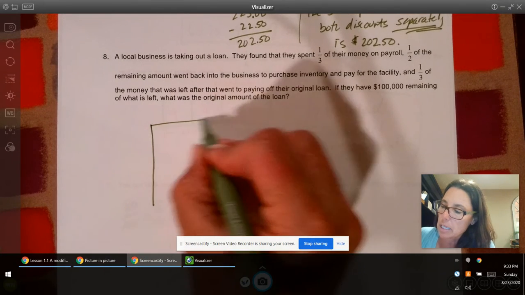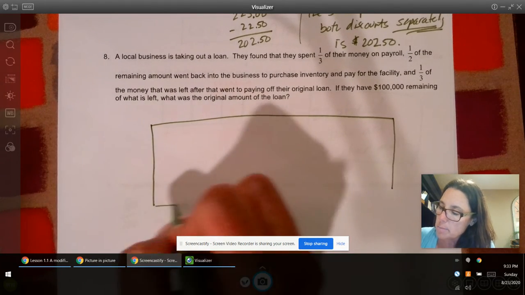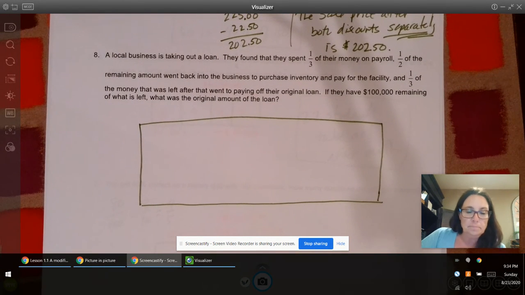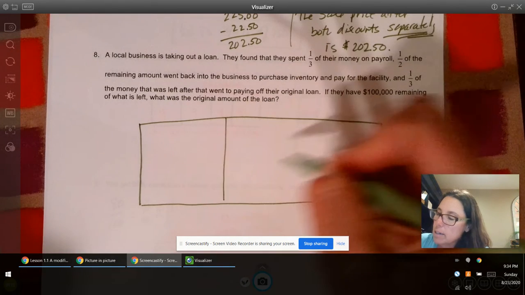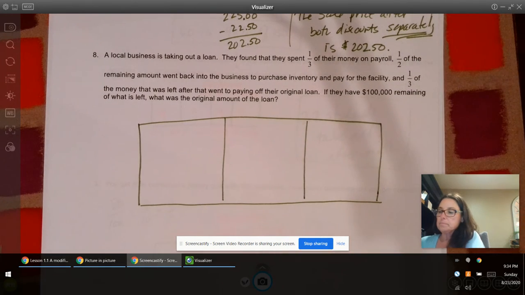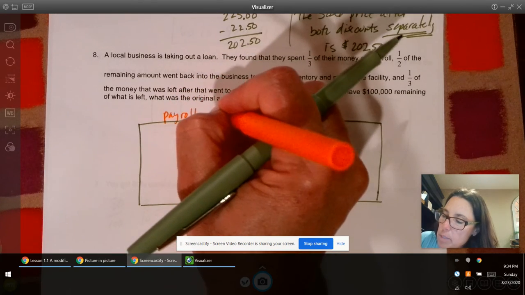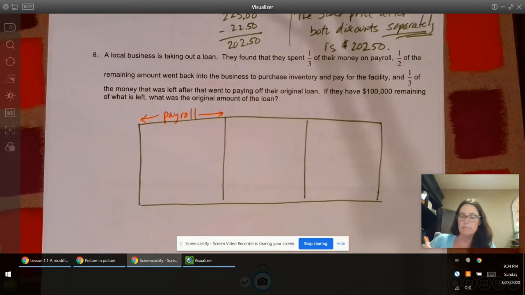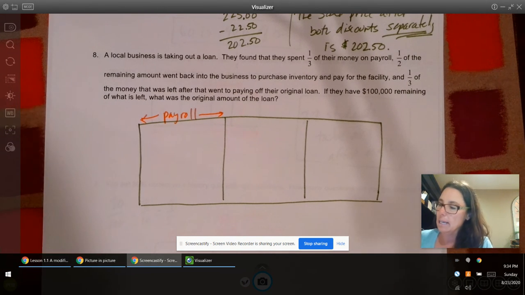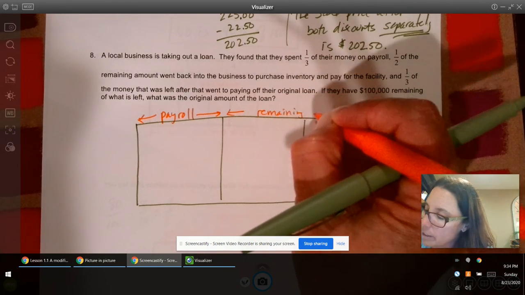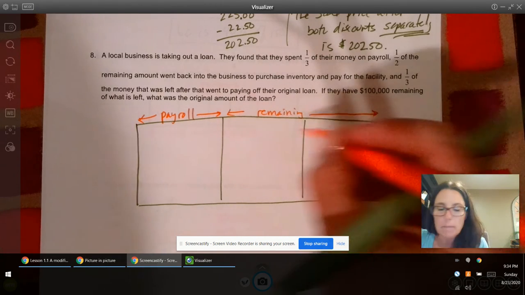I'm going to make a big bar in this big space that I have, and make some notes inside there. They spent a third of their money on payroll. You could write it up top like I did, or you could write it in the box if you wanted to. Half of the remaining amount, do you understand that these two boxes are the remaining?